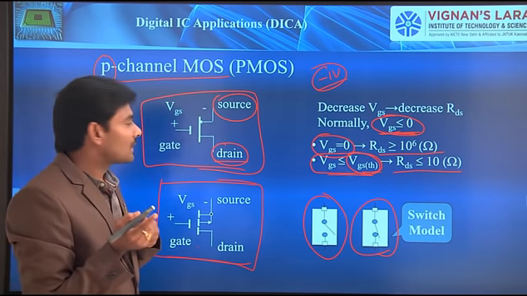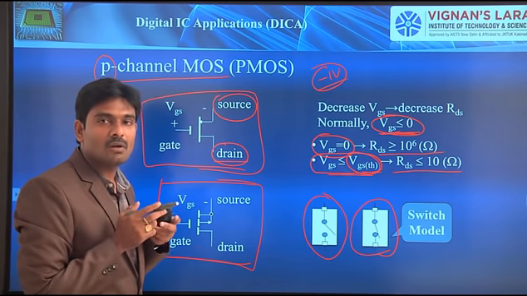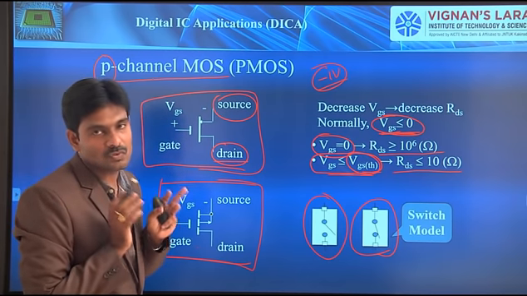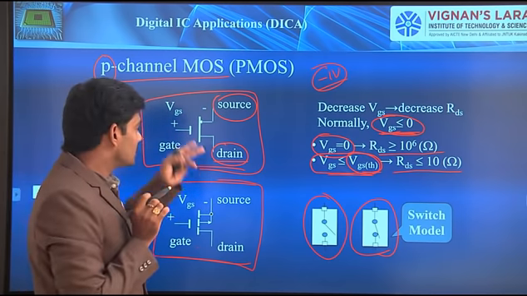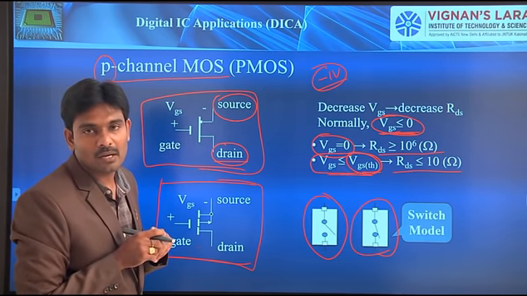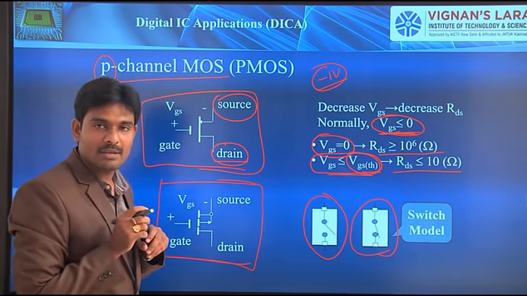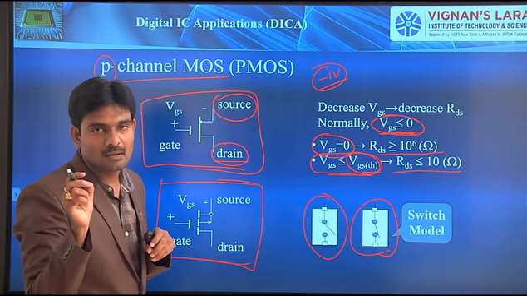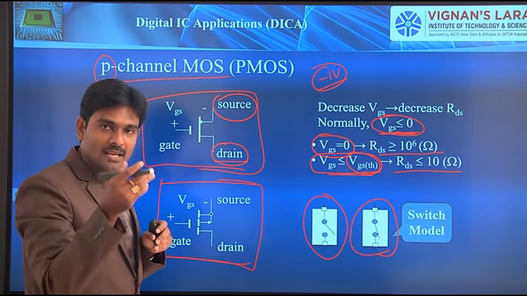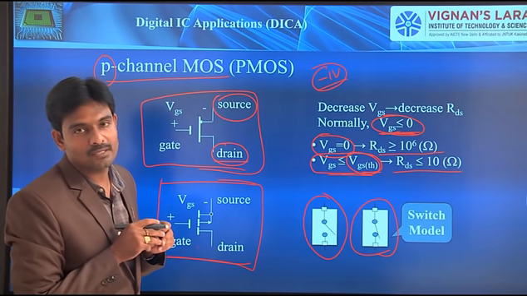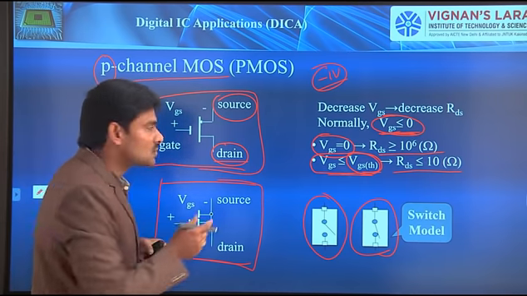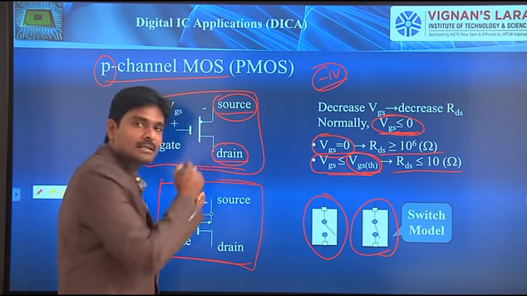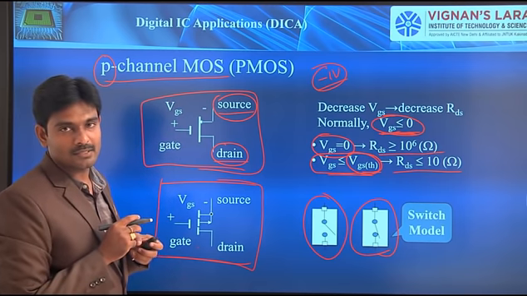So drain voltage must always be greater than source. So these two points are very important. You have to remember, while coming for the N channel MOS, source voltage is lesser than the drain voltage. While coming for the PMOS, source voltage must be greater than that of the drain voltage.